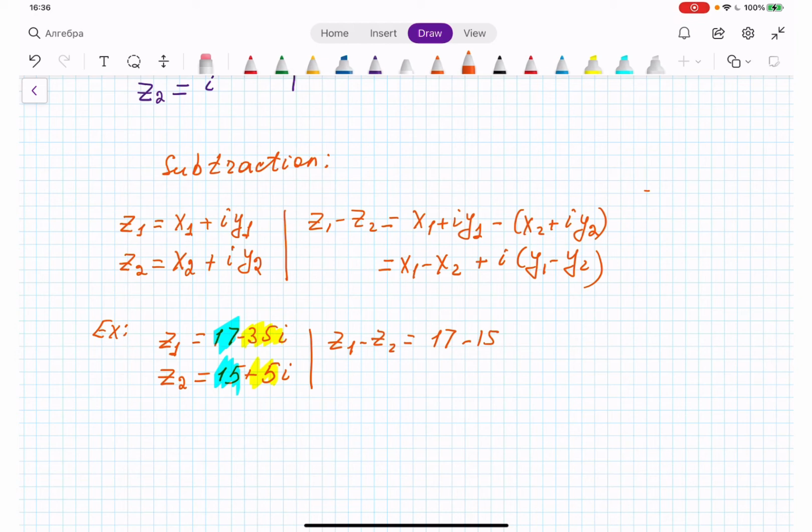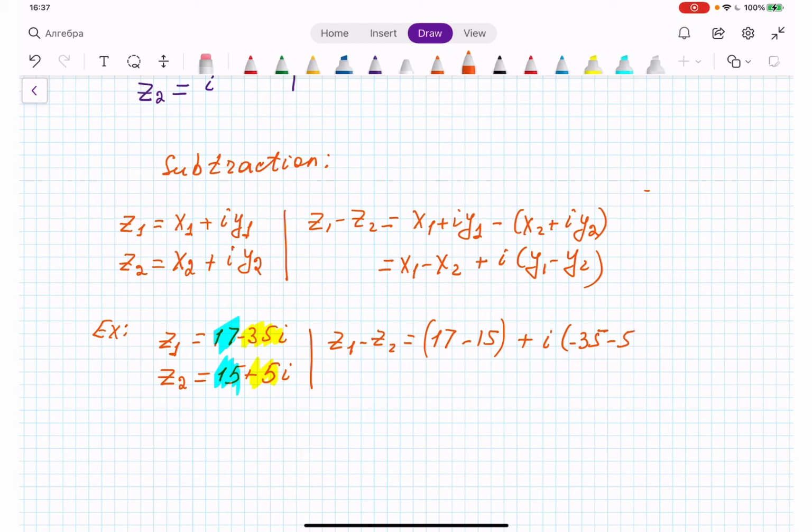Minus 15. I am putting it in parentheses only for visibility and readability. Otherwise, I don't need to put parentheses. i times negative 35, it's going to be minus 5.